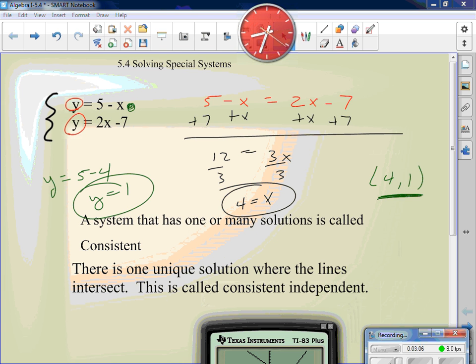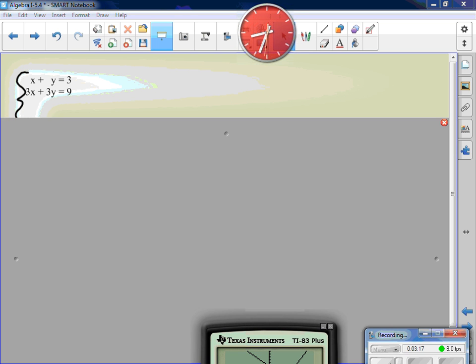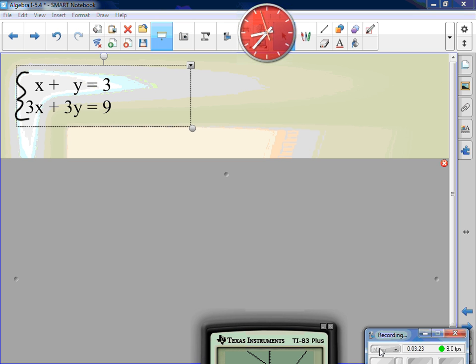The big thing about today is going to be solving a problem as usual and then labeling what type of system it is. There's a couple different types. Solve this problem. Which method is probably the most efficient? Elimination. Which variable do you want to eliminate?